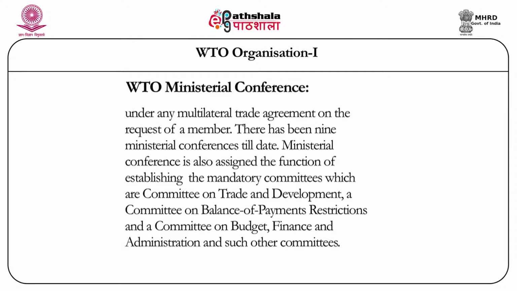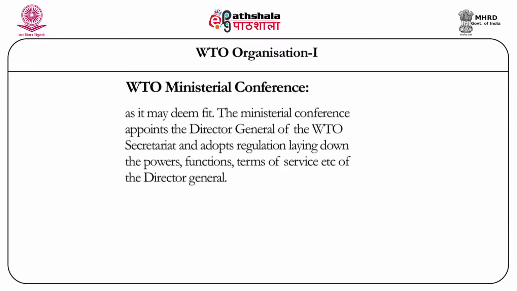There have been 9 ministerial conferences to date. The Ministerial Conference is also assigned the function of establishing the mandatory committees, which are a committee on trade and development, a committee on balance of payment restrictions, and a committee on budget, finance and administration, and such other committees as it may deem fit. The Ministerial Conference appoints the Director General of the WTO Secretariat and adopts regulations laying down the powers, functions, terms of service, etc.